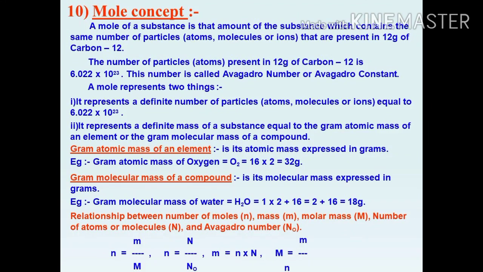Dear students, page number 40. There are 2 questions. Calculate the molecular masses of hydrogen, oxygen, chlorine, carbon dioxide, CH4, C2H6, C2H4, NH3, CH3OH. Calculate the formula unit masses of ZnO, Na2O, K2CO3.